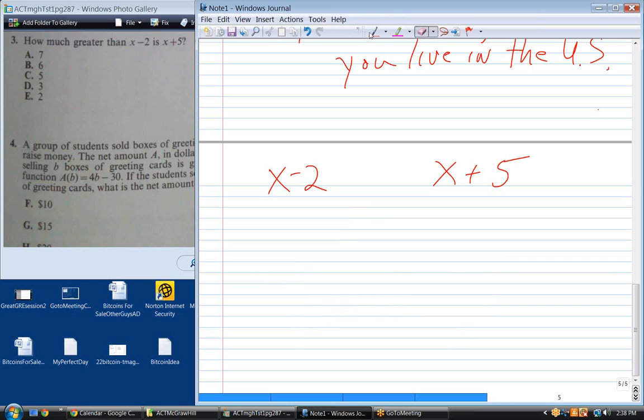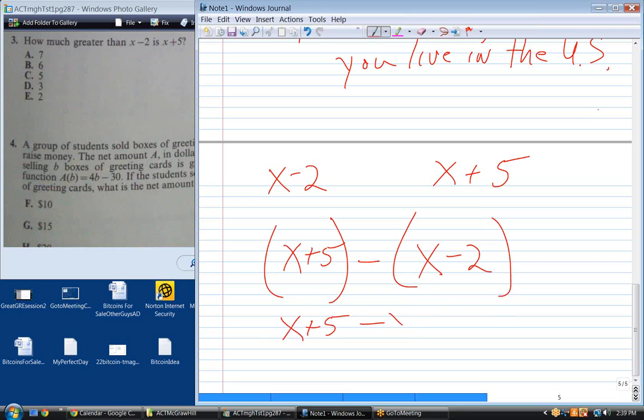So let's subtract x plus 5 minus x minus 2. Get rid of all the parentheses. What do we have? x plus 5 minus x plus 2.